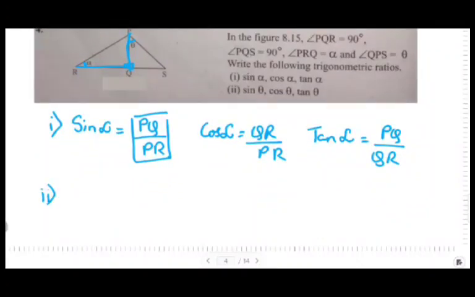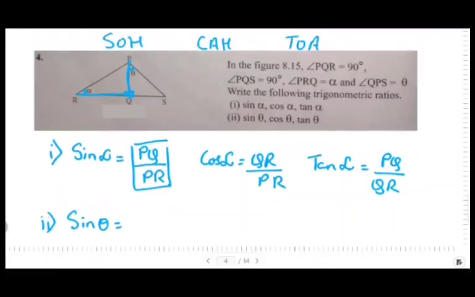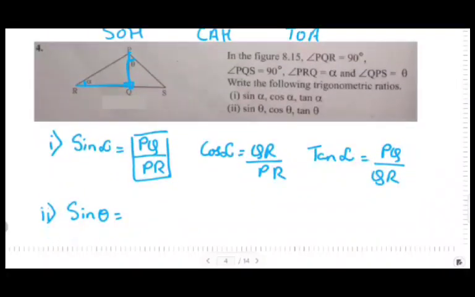Second part. Sin theta. Sin is again SOH. So here, now this is the second triangle, which is this. So this is my right angle, and we are looking at sin theta, which is opposite, which is QS upon hypotenuse, which is PS.